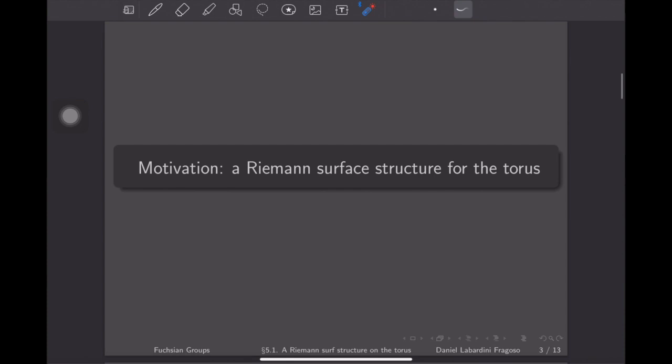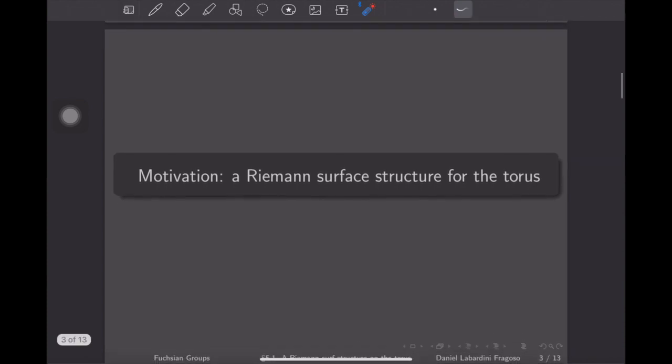And the answer is going to be that those subgroups are the Fuchsian groups.